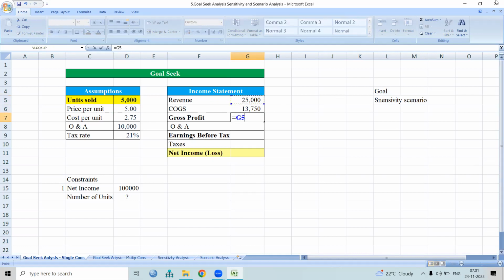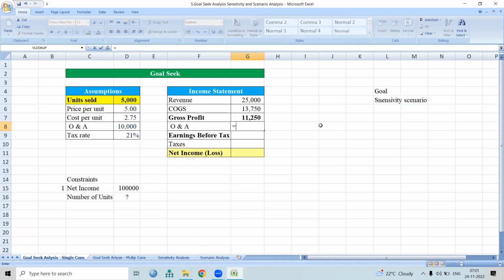That's revenue, G5, minus cost of goods sold, G6. The gross profit is revenue minus cost of goods sold.